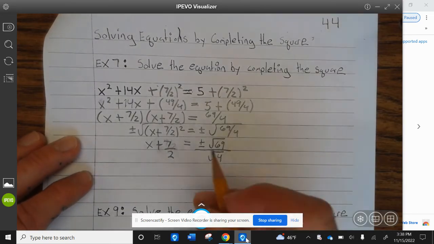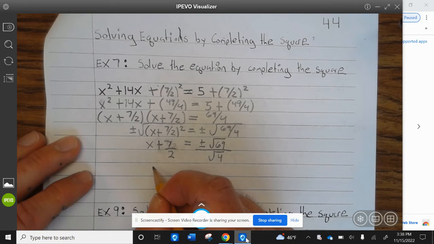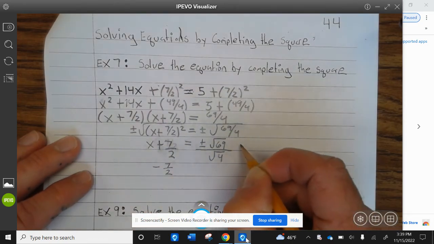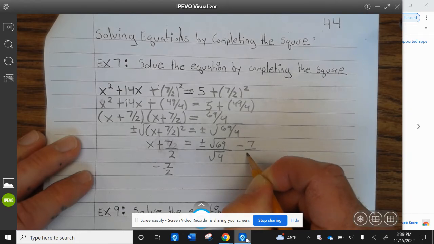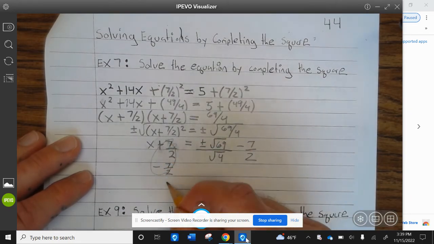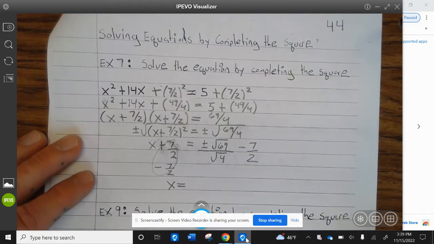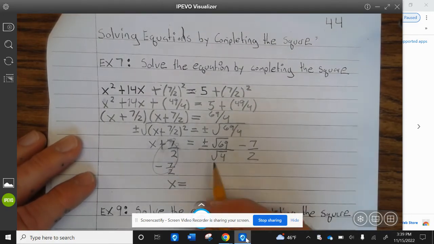Okay, and then we're going to subtract 7 divided by 2 from both sides. This becomes 0. You get x equals, and let's go ahead and put the negative in front.